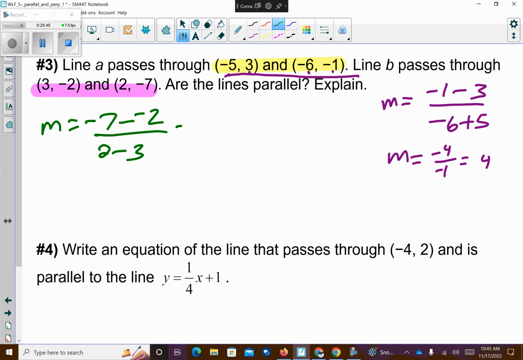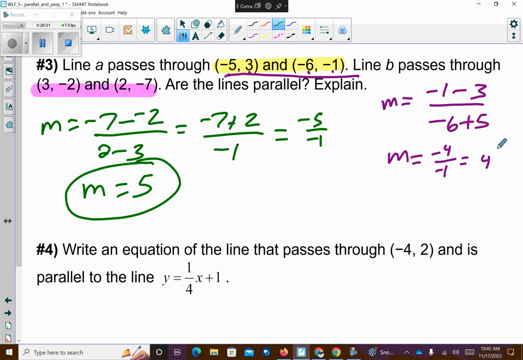Oh, that's a plus. So that's going to give me negative 5 over negative 1. Negative over negative is positive. 5 over 1 is 5. Is 5 the same number as 4? No. Are these parallel? No, absolutely not.